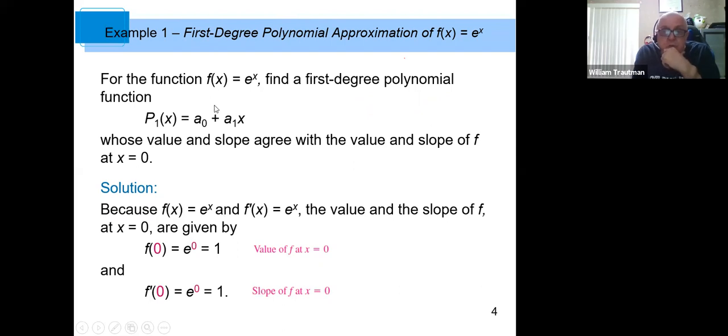And they're just showing you a little bit here. If you have e to the x and you put a 0 in there, you get 1. If you take the derivative of this e to the x, you still get e to the x.